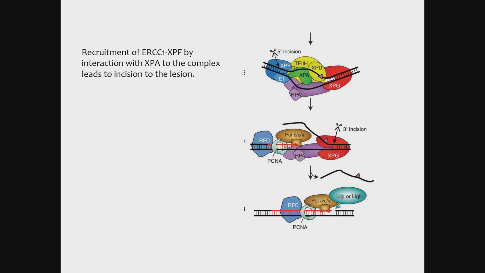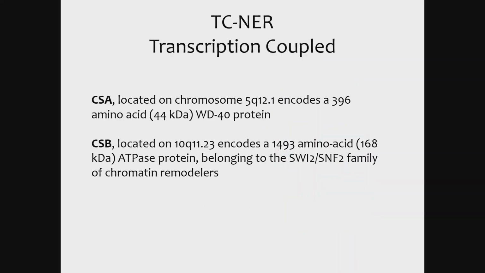But until all these complexes form, we won't cut the DNA, because we go from a modification on the DNA to a nick, and nicks are always worse because they can generate much more damage. So first we make sure that we have all the enzymes in place, and then we cut, and then we remove this piece of DNA that we don't need, bring the polymerase, ligase, and end this thing.